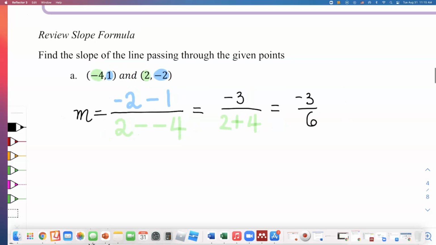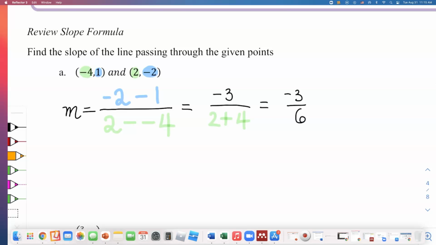And I see both 3 and 6 are divisible by 3, so let's go ahead and simplify this fraction. Our final answer is -1/2. So that's how you find the slope: subtract the y values on top, subtract the x values in the bottom, and simplify that fraction.